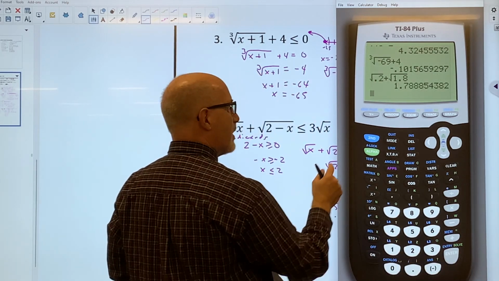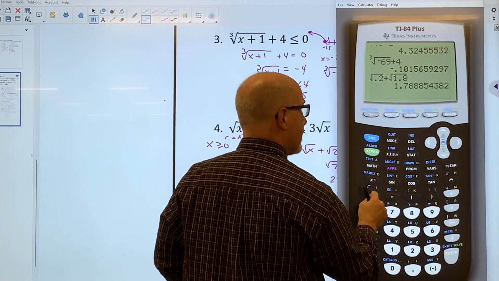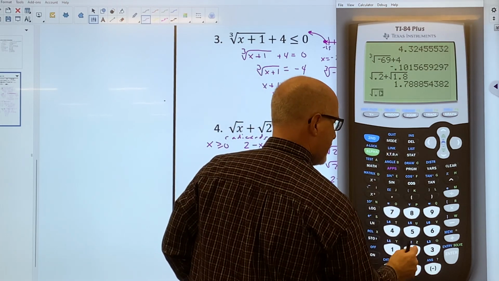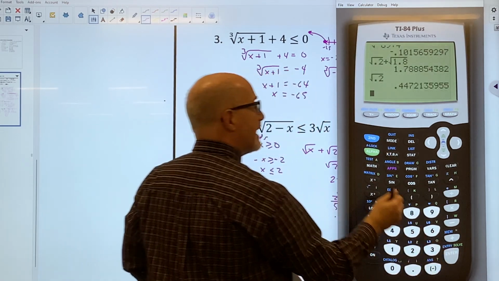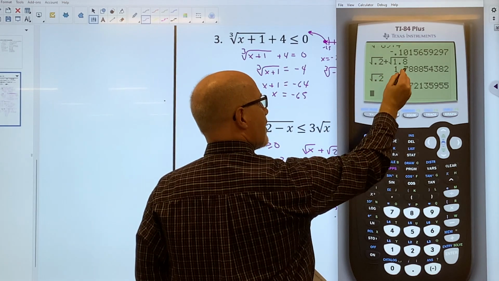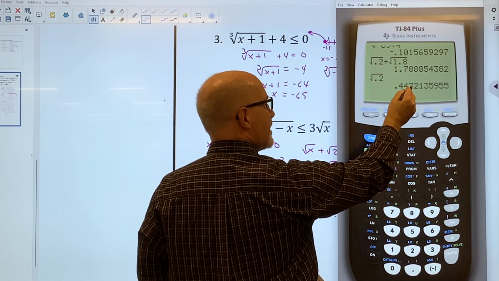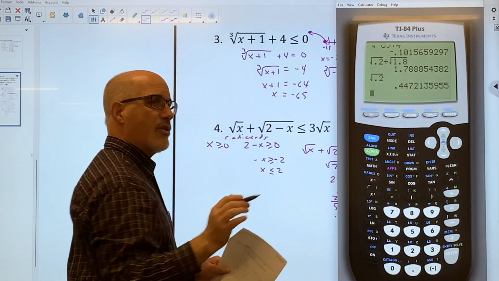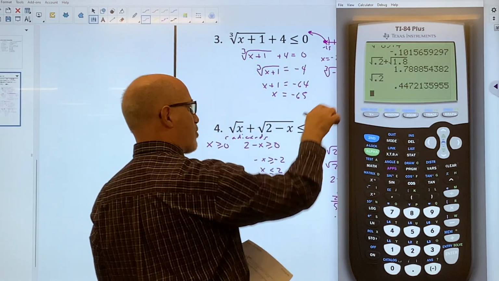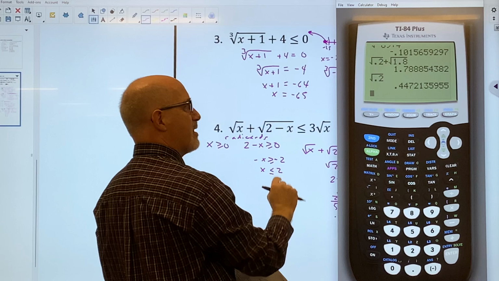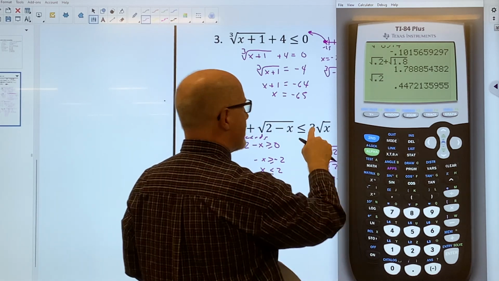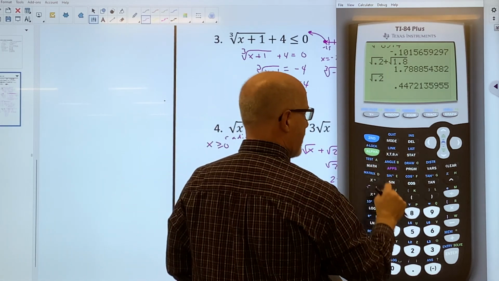And then for the other one, I get the square root of 0.2. Is this number less than or equal to that number? And the answer is no, it doesn't work. Oh, I have to do 3 times it, sorry.